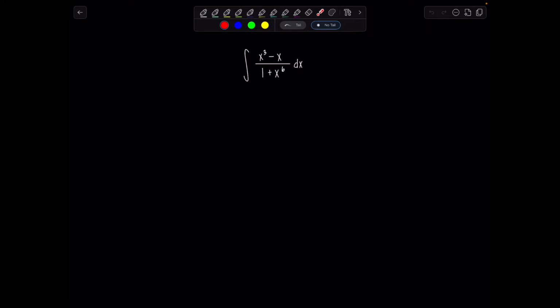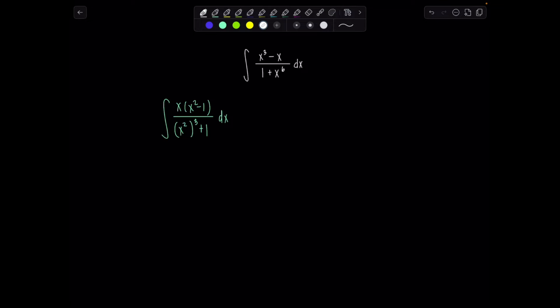When I was looking at this integral, the first thing I thought was, let me try to factor as much as possible and then see what reveals itself along the way. So in the numerator, I can just factor out an x, and then you have x squared minus 1. And in the denominator, I thought of it instead as a sum of cubes, because x to the 6th is x squared cubed plus 1, dx.